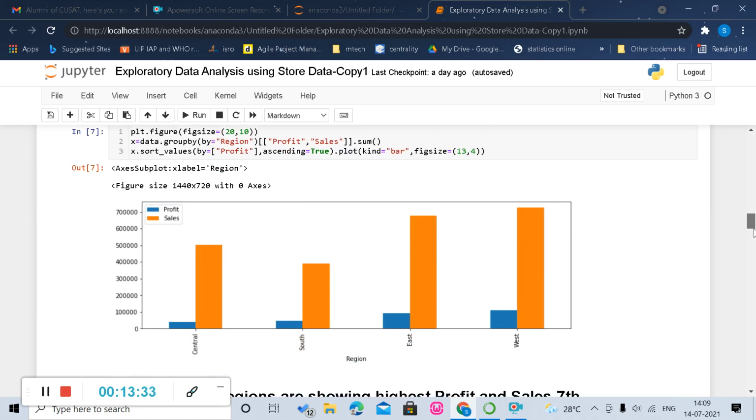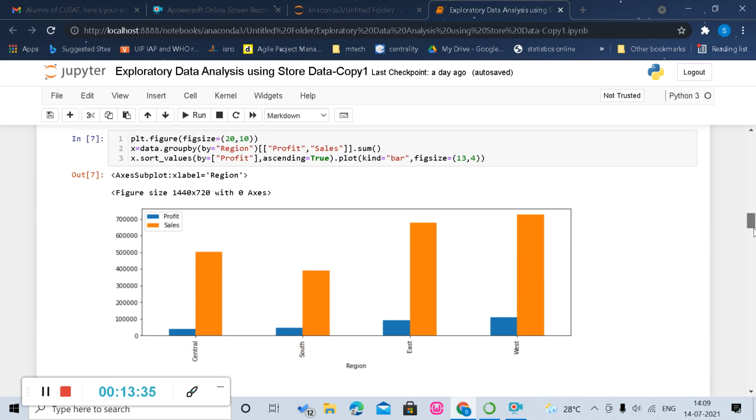Now this is the profit and sales region wise. I have displayed here the region wise profit and sales. You can see these two regions, the east region and the west region, are having almost the same sales and almost the same profit.